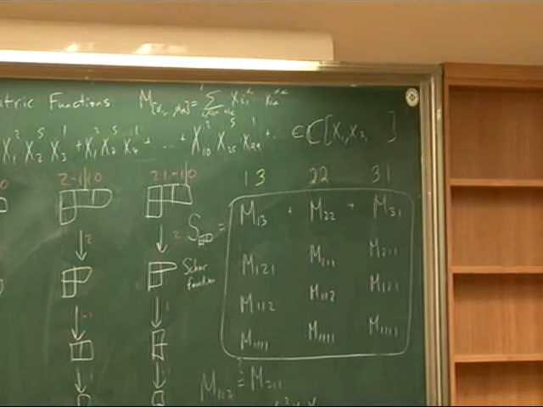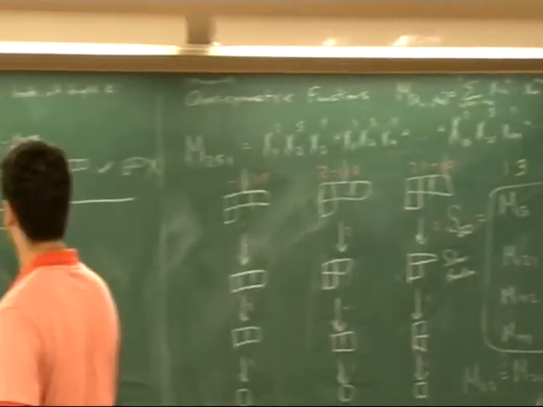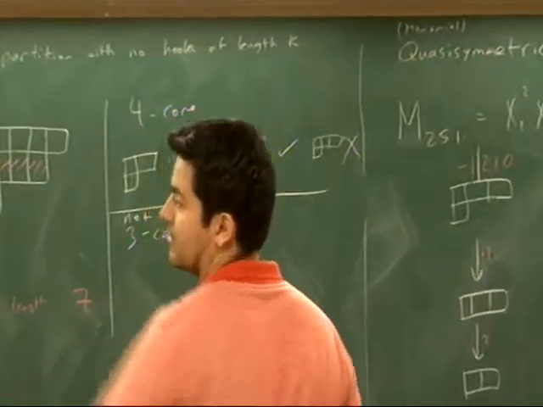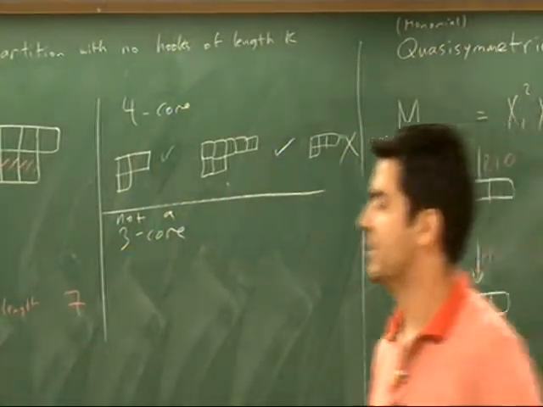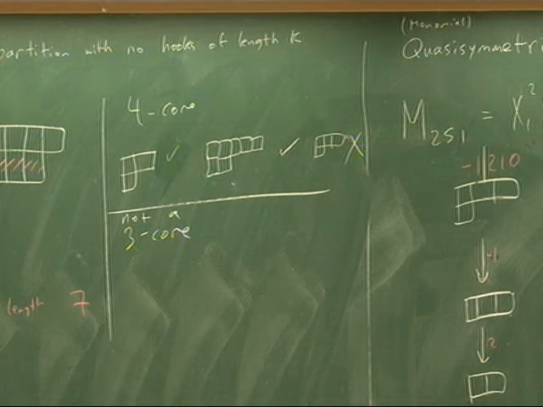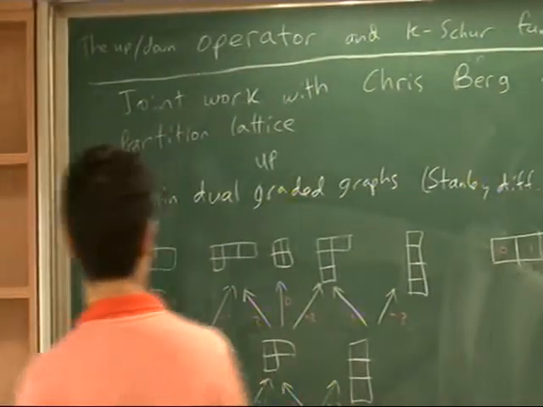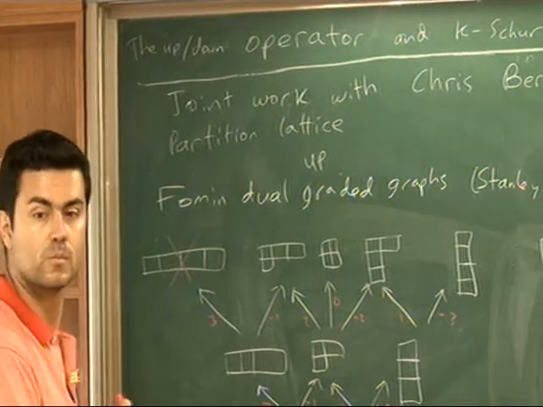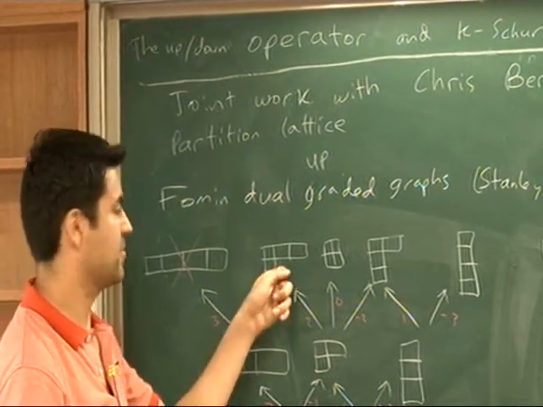What's a 3 core? So what is not a 3 core in that graph? Well, this was not, right? Because it has this 3 hook. So not this. What else is not a 3 core? Is this a 3 core?